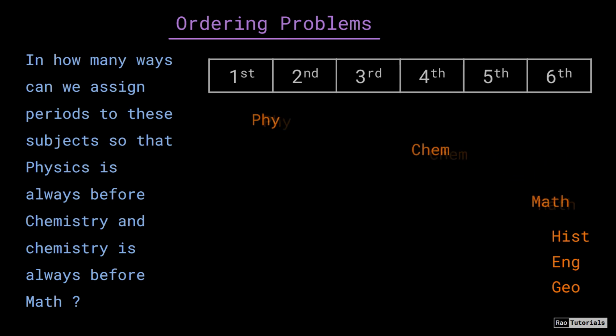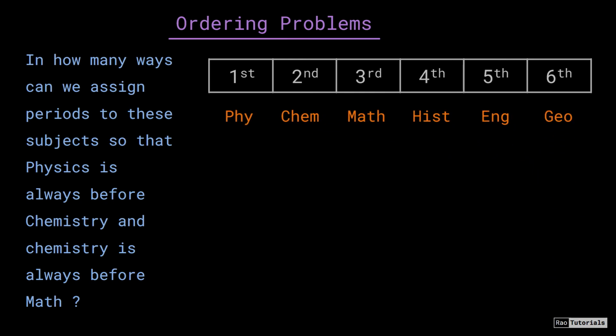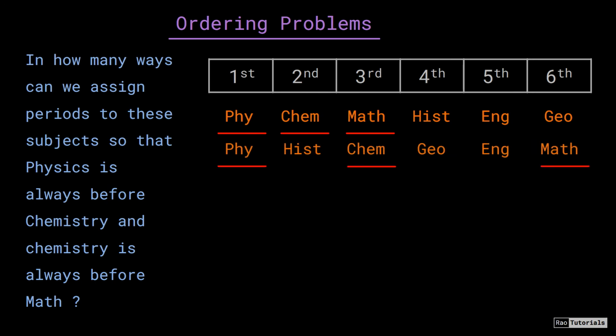An example allotment can be this, where physics is before chemistry and chemistry is before math, or this. Note that the subjects physics, chemistry and math need not be next to each other. They may not be adjacent, but they have to maintain the order in which physics is before chemistry and chemistry is before math.